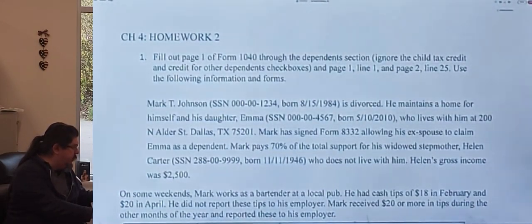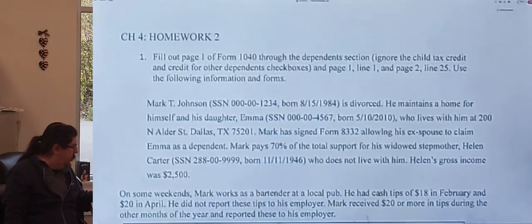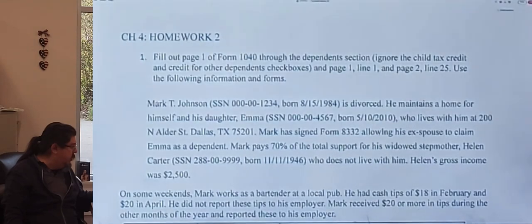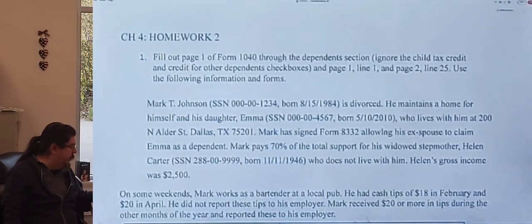He's divorced. He maintains a home for himself and his daughter, Emma. Mark has signed Form 8332, allowing his ex-spouse to claim Emma as a dependent. Mark pays 70% of the total support for his widowed stepmother, Helen Carter, who does not live with him, and Helen's gross income was $2,500.